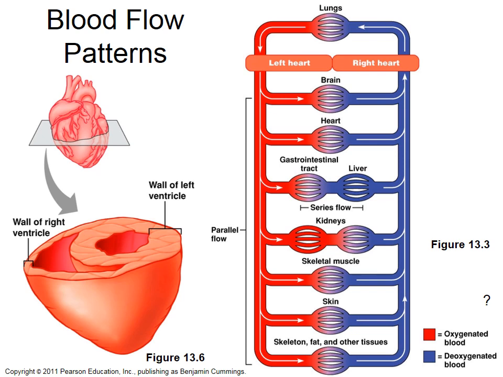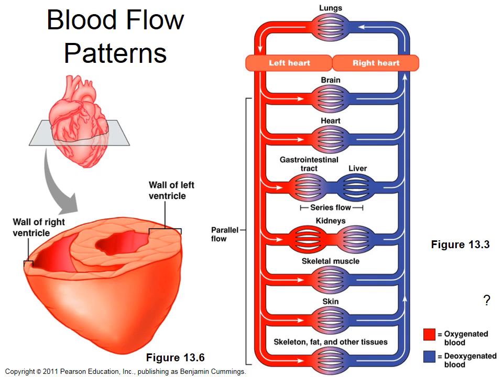Okay, you got the GI tract, and here we have a portal system. Okay, this is the hepatic portal vein that's connecting the GI tract to the liver. Okay, kidneys also have a portal system, so we have the glomeruli and then the peritubular capillaries. Okay, then skeletal muscle is one circuit, skin is another circuit, skeleton, fat, other tissues, etc.